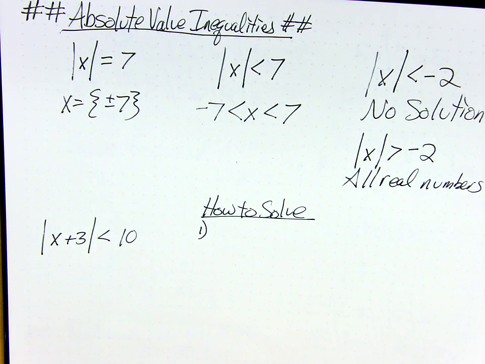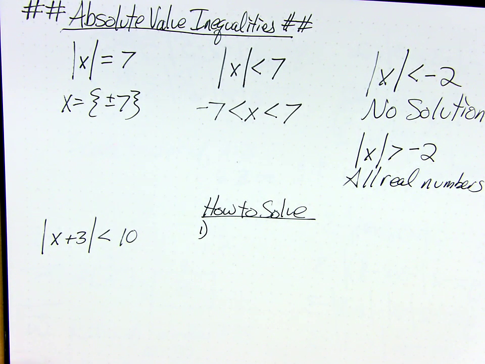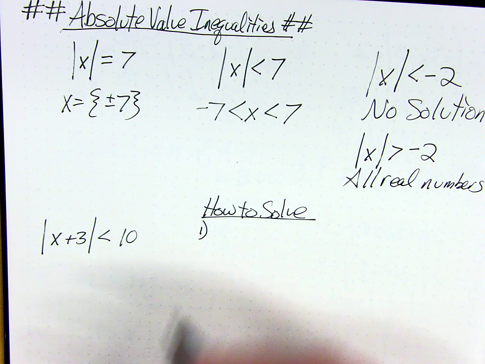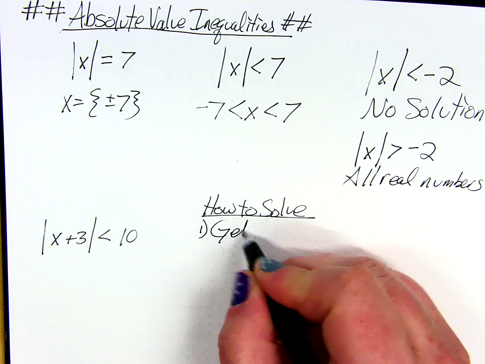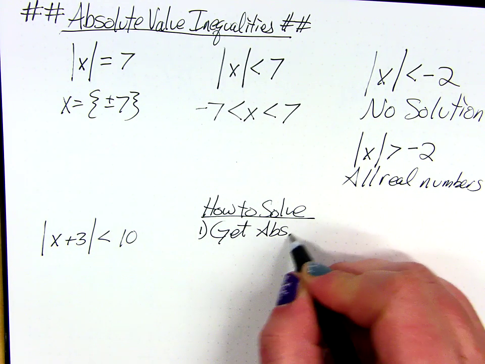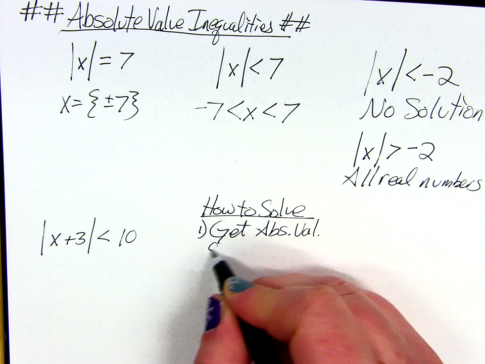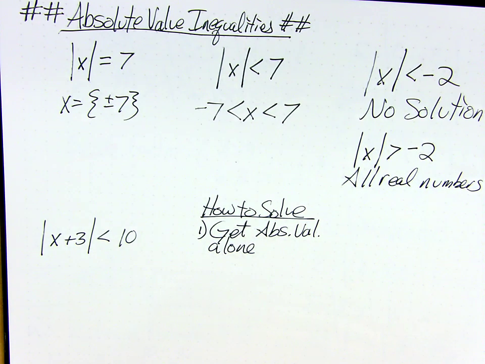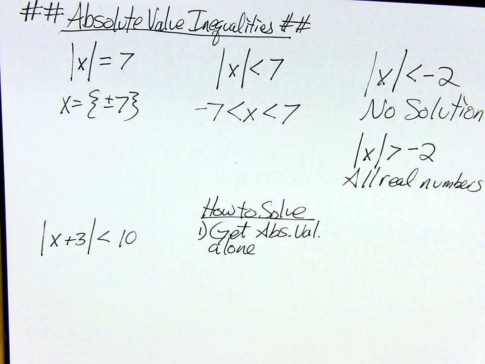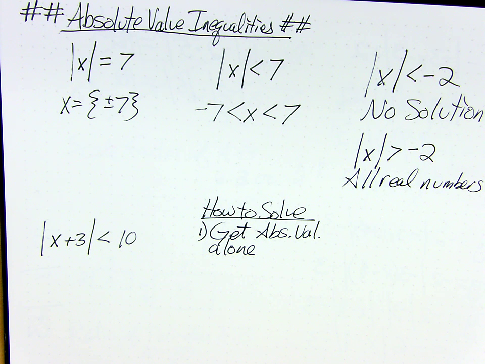Your step 1 is going to be the same as it's always been. You always want to get the absolute value alone. And I'm going to add a special star right here. So step 1 is already done for us in our example. But I'm going to add a special star because, remember, we are dealing with inequalities.